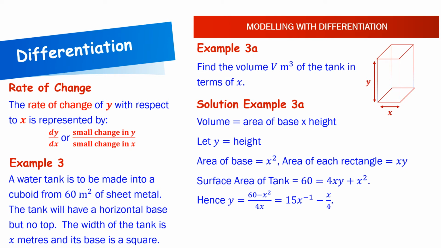And this equals 15x inverse minus x over 4. And therefore, the volume, which remember was equal to the area of the base times the perpendicular height, is now equal to x squared times this expression for y.